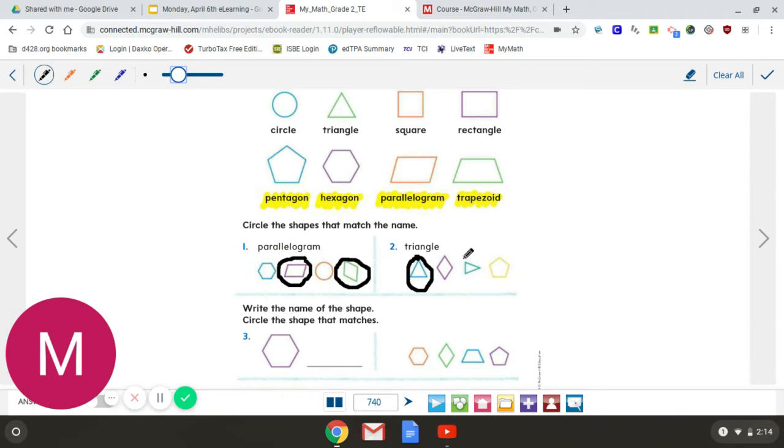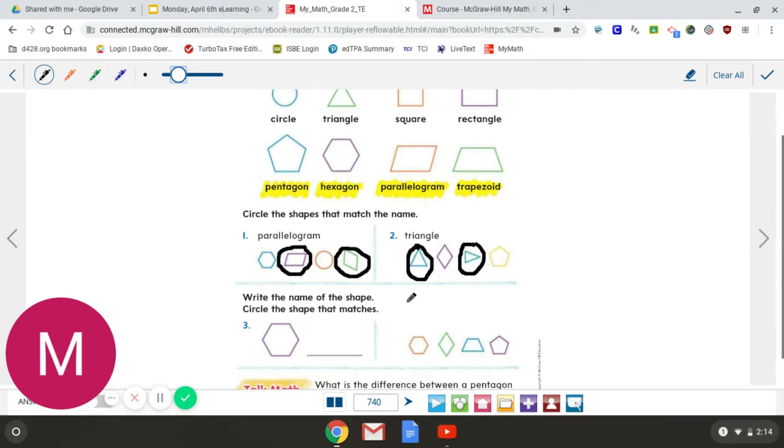This one here, let's count the sides. 1, 2, 3. 3 sides means this one is also a triangle. And it's okay that it's flipped on its side. Remember, as long as it follows that rule of having 3 sides, it's a triangle. And this one over here, we've got 1, 2, 3, 4, 5 sides. This is a pentagon, so we would not circle this one.